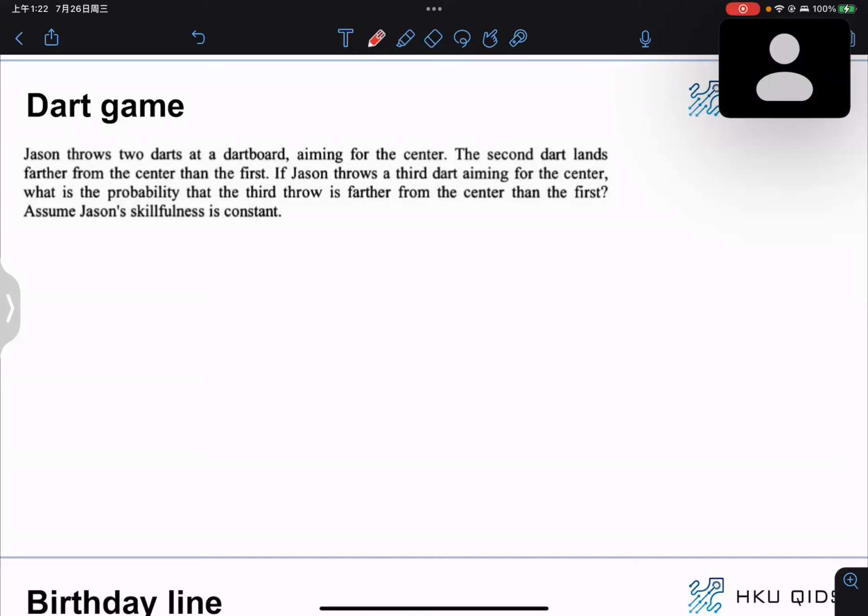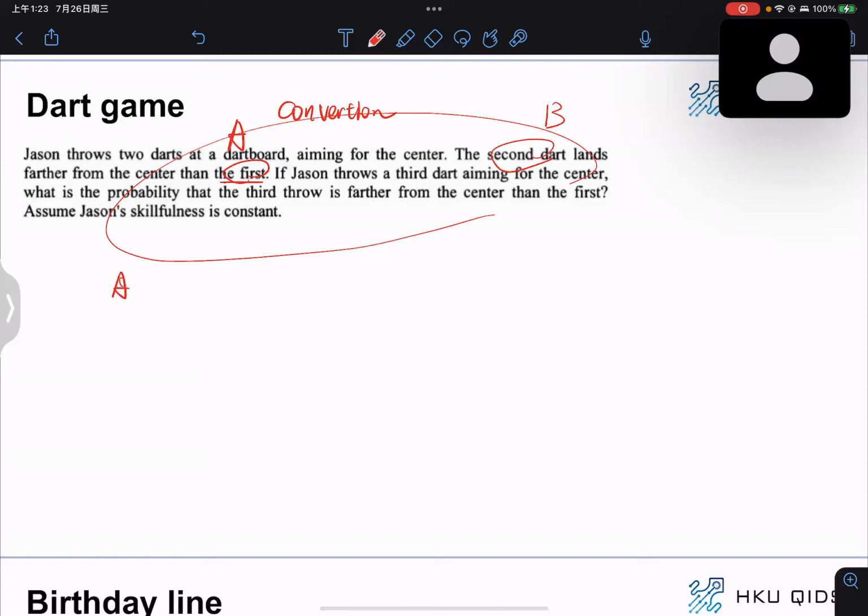So for this question, the thing we need to do is a conversion. Because if we just look at this problem, I know the 2nd dart lands further from the center than the first. Let's call the first one A, the second one B. If this is the center, I'm going to list their furtherness in ascending order.